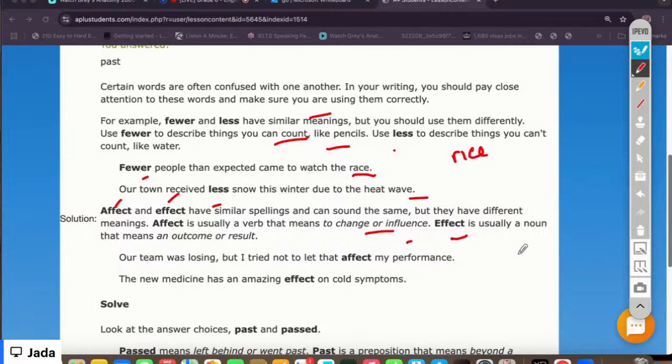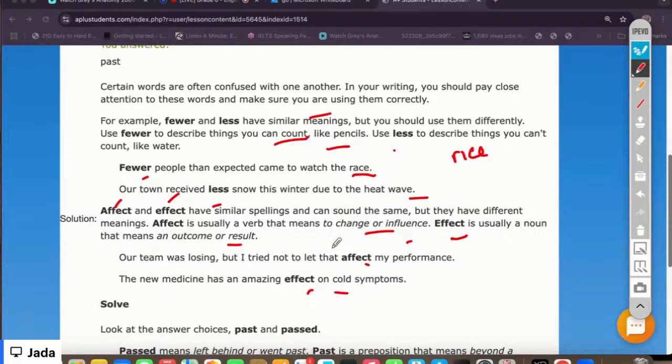And then effect is usually a noun that means an outcome or result. So you got the effect of, let's say, for example, going to school late, something like that. So our team was losing, but I tried not to let that affect my performance. The new medicine has an amazing effect on cold symptoms.